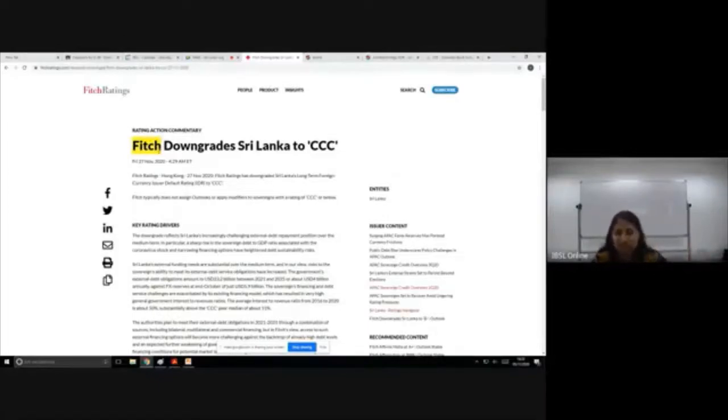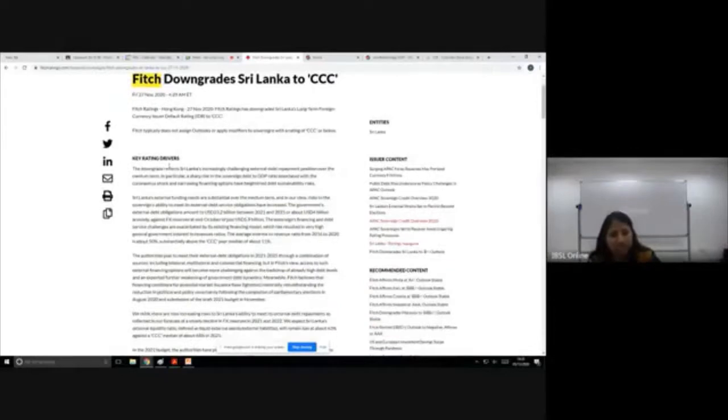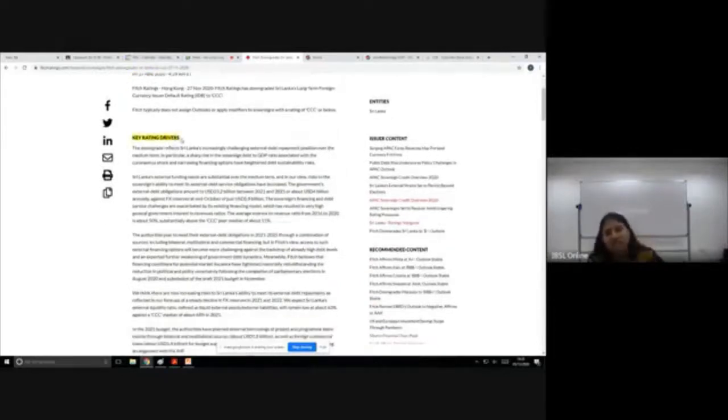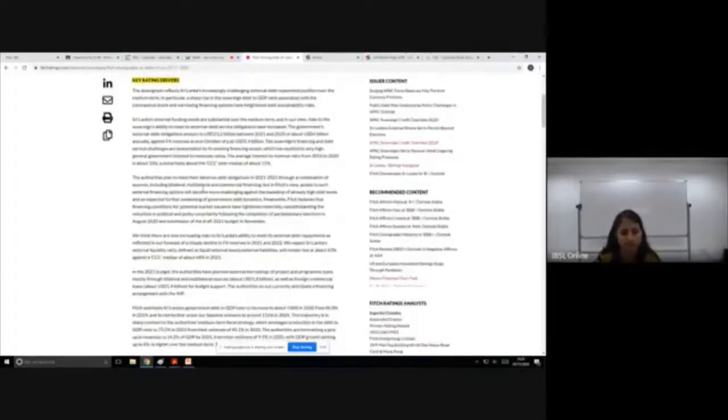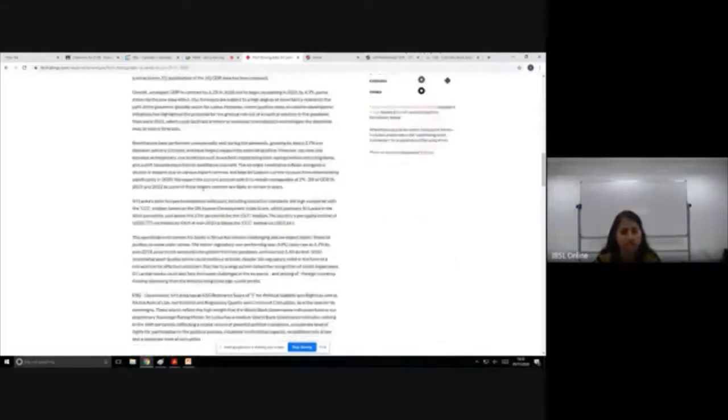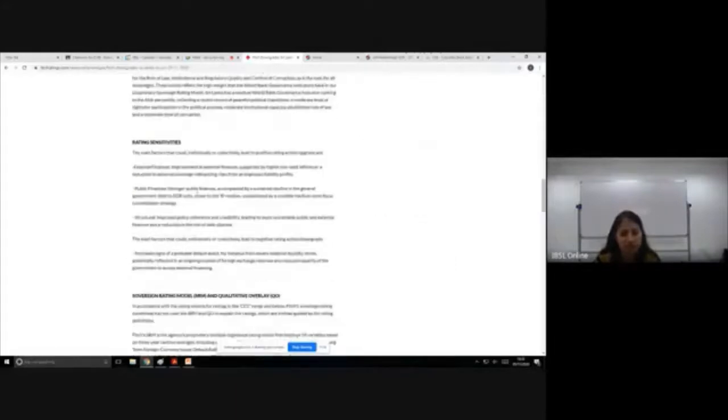These are the reasons, these are the factors which cause this improvement or this decrease in the rating. So here you can see key rating drivers. There they will justify: due to these reasons, the risk was so high, we had to downgrade the company.